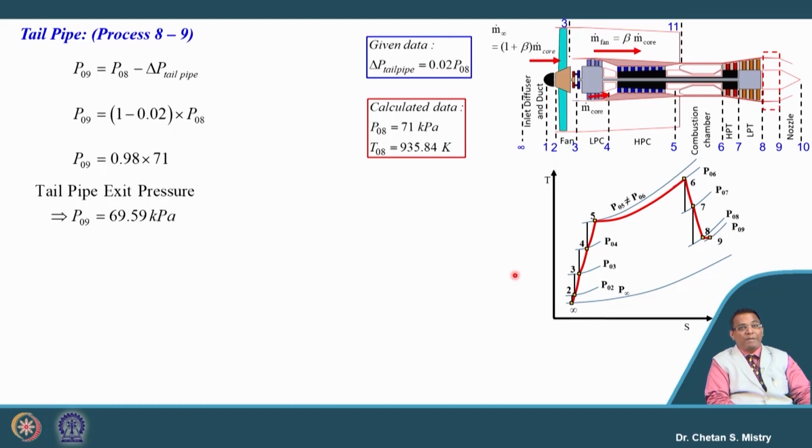Then my static temperature calculation will go wrong. My velocity calculation will go wrong. My thrust calculation will go wrong. All the performance parameters will be wrong. So, be careful about this part. Okay. And here in this case, we can say it is an adiabatic process. So, my total temperature at the exit of the tailpipe will be 935.84 Kelvin.